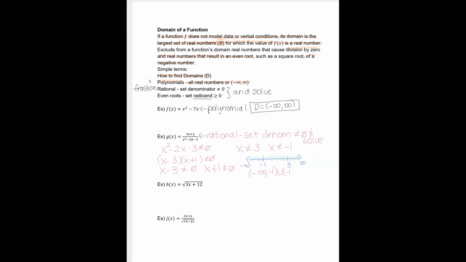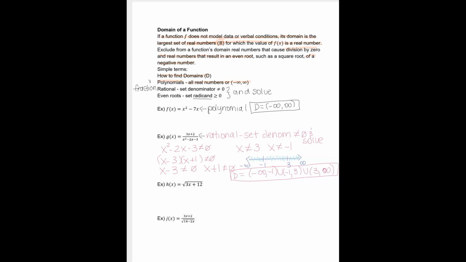So again, -1 all the way to 3. It's fair game, but we have to jump 3, and then we pick back up on the other side of 3, and we go to positive infinity. So this is our domain for this guy. Okay, hold on.